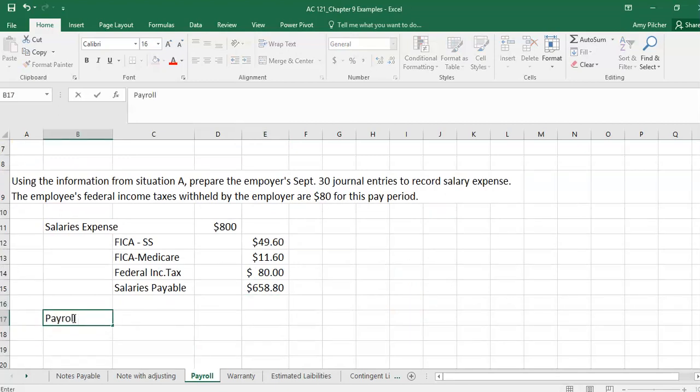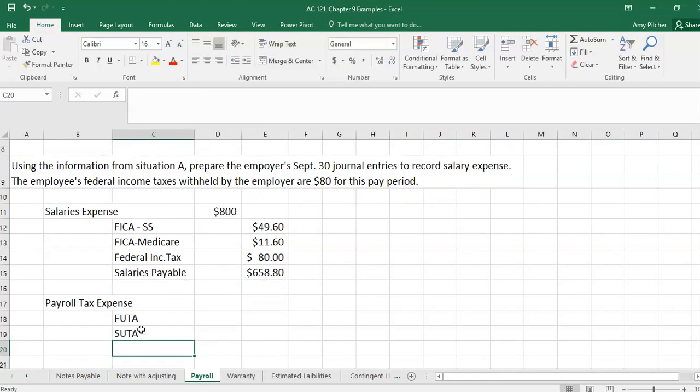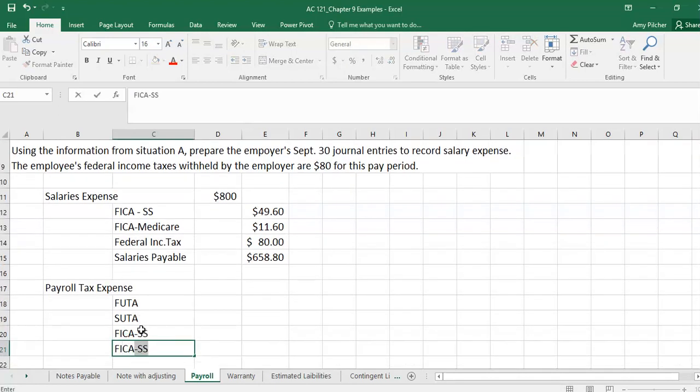We also have the payroll tax expense for the employer. So only the employer pays FUTA and SUTA. The employer is also responsible for paying FICA taxes. They pay the same amount as what is withheld from the employee's paycheck.